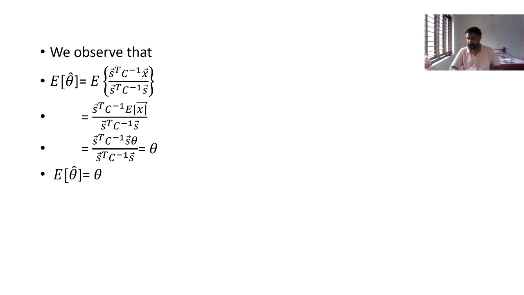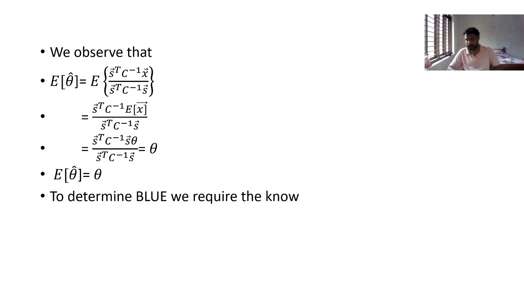So this is what we have discussed here. In order to determine the BLUE, what knowledge do we require? First, we require S, the vector S, or the scaled mean.